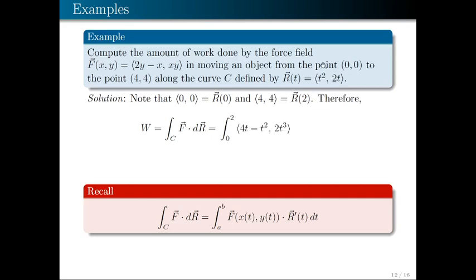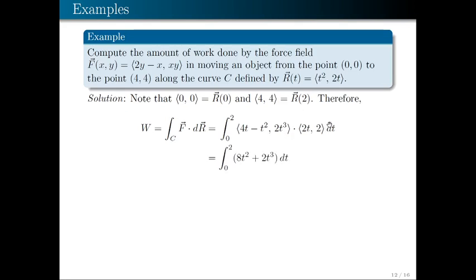Multiplied by dr, where dr here is given by 2t, 2, times dt. And once again, we do the dot product, multiply the first components, then multiply the second components, then add them. So doing the dot product, we get this scalar function in terms of one variable.